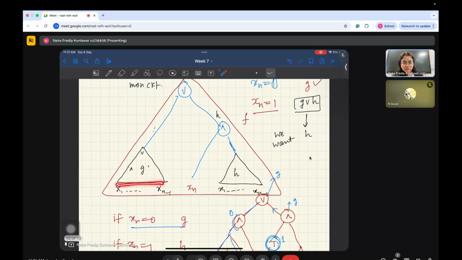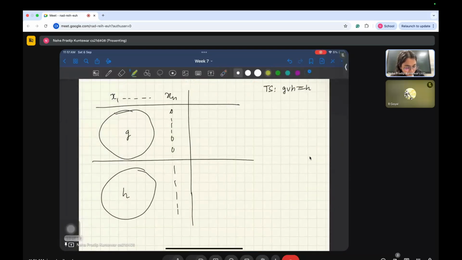But the moment you fix the values of x1 to xn minus 1, we are also fixing the values for h, right? So if I'm looking at one particular row here, 0 1 1 0 1, something like this, we also have the same corresponding row in the second half. So this is 0 1 1 0 1 1.